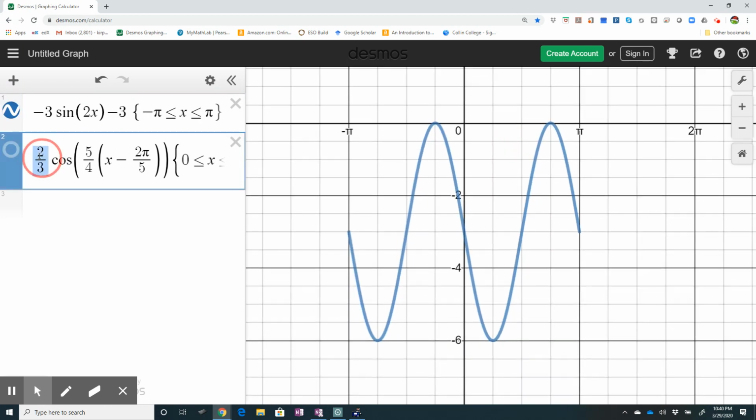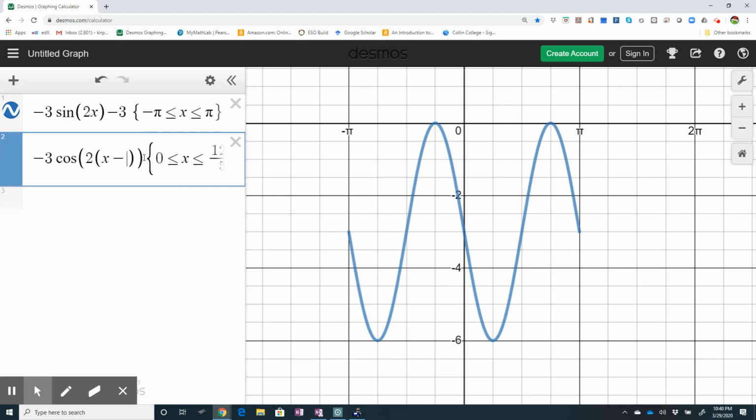Now if you graph the equivalent one for cosine, it's still going to be a 2. Now this is going to be x minus, I have no memory, x plus pi over 4. Minus 3.